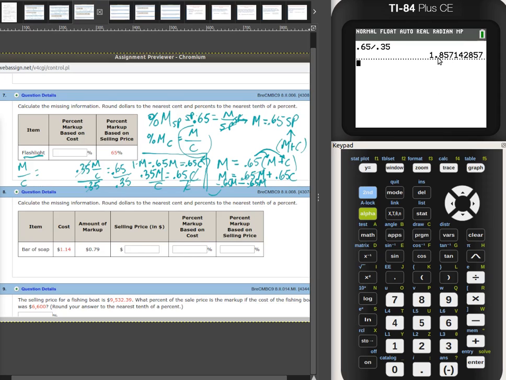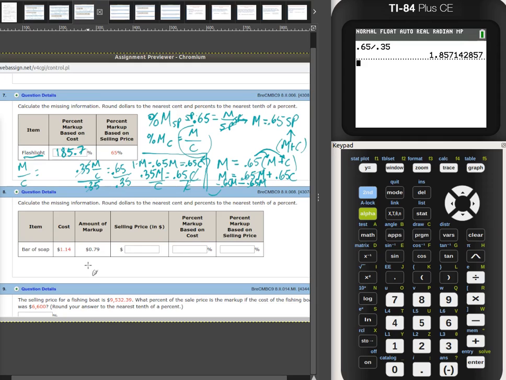But this is, of course, a decimal. We need it as a percent, so we should move the decimal place 2 places to the right. It will go 185.7%. So very much markup. But anyways, that worked out well for us.